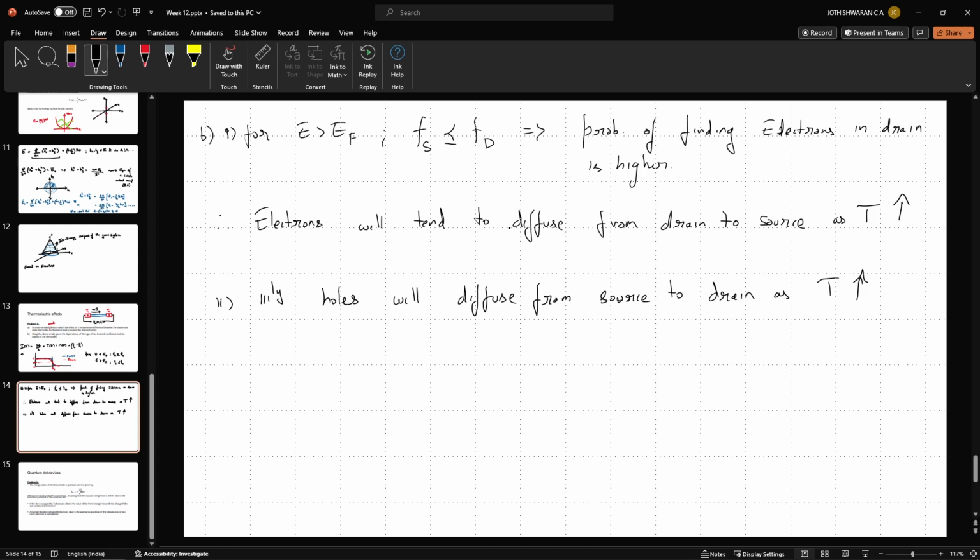And similarly, when we have an electron rich material, we are going to have a more and more negative potential. Therefore, the Seebeck effect is positive for a p-type material and it is negative for an n-type material.